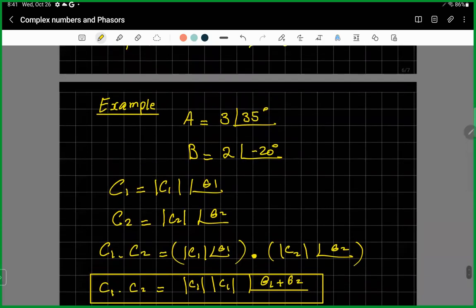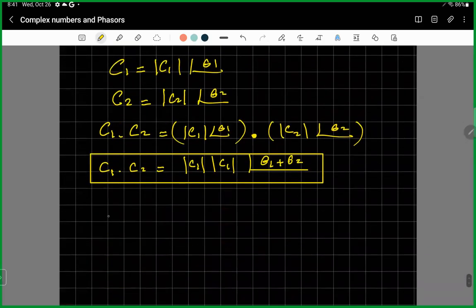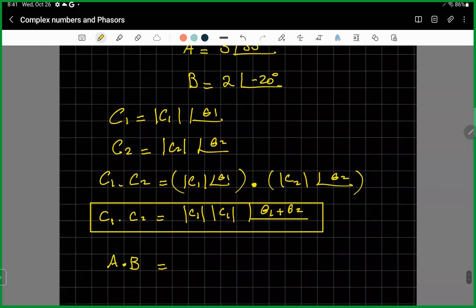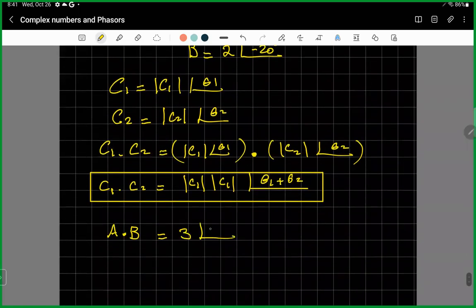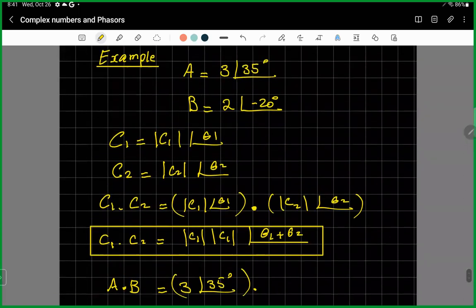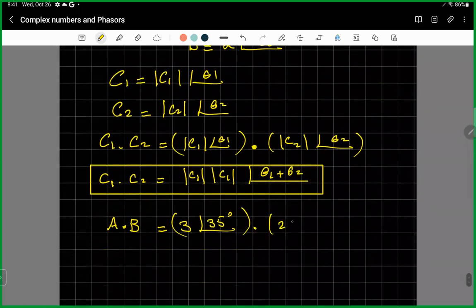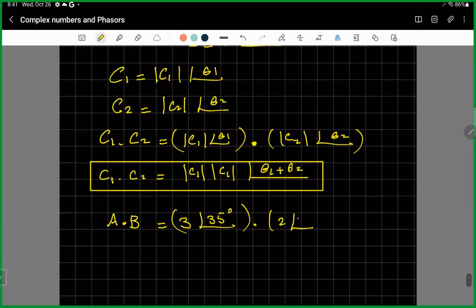So in our example, if you want to multiply AB, A is equal to 3 with angle 35 degrees, and B equals 2 with angle negative 20. So multiply the magnitudes: 3 times 2 is equal to 6, and the angles you add, 35 minus 20.